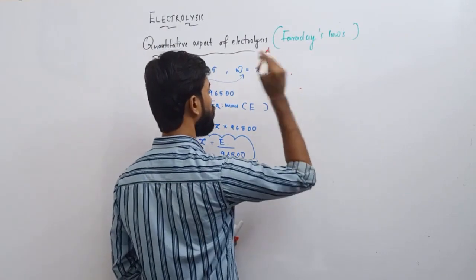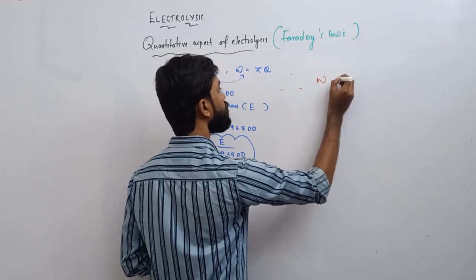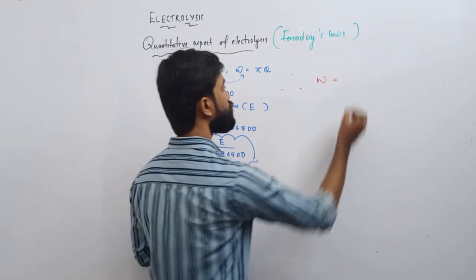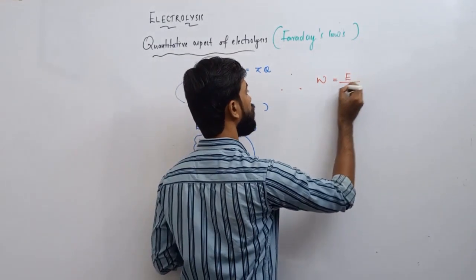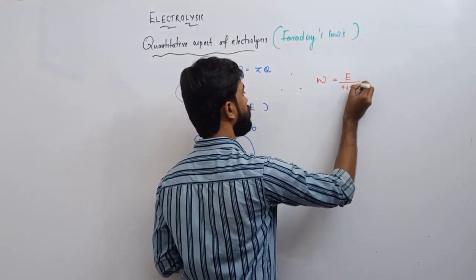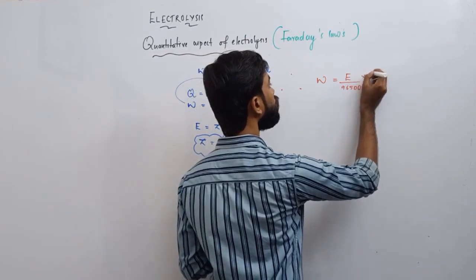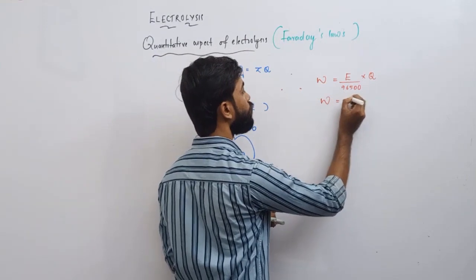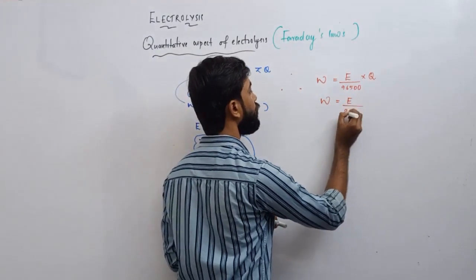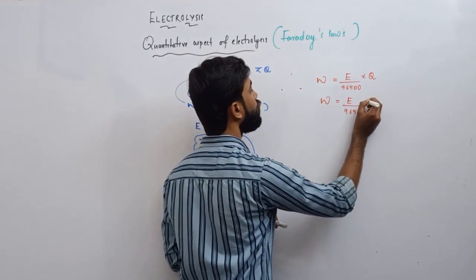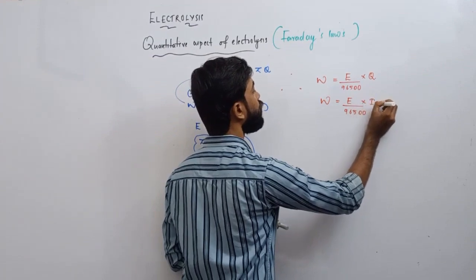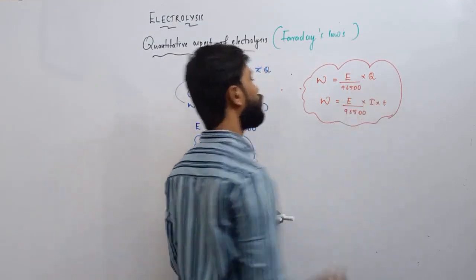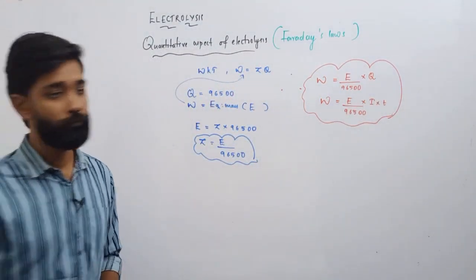Therefore, the expression W equals ZQ becomes W equals E divided by 96500 into Q, or W is equal to E divided by 96500 into current into time. And this is the most important equation in your Faraday's first law.